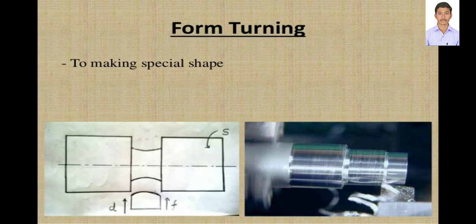And form turning. In form turning, you can see the 2D diagram. This is the shaft in the form turning lathe operation, and this is the cutting tool.